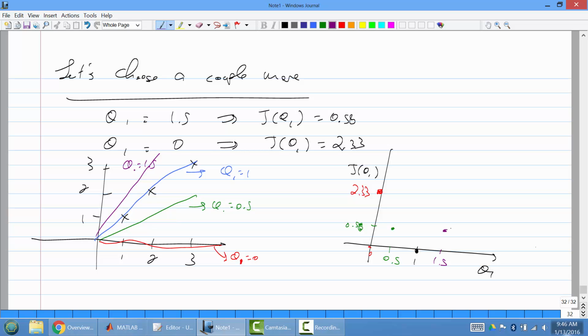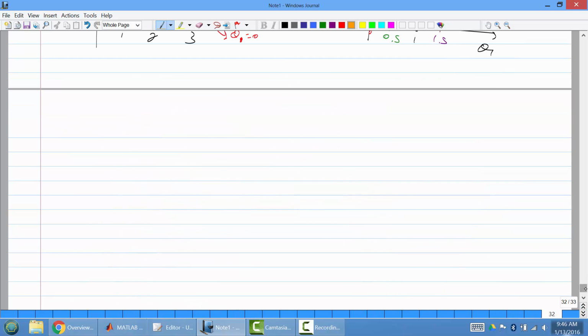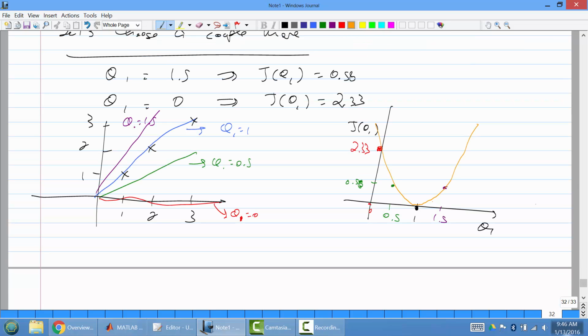So you can see that it looks like a quadratic function, which makes sense because that's what the sum of squares does. So it's going to look something like this. Actually, that's pretty bad. Again, that's bad too. Third time's the charm. Okay, so it's going to look something like that. So what you do is you want to figure out which parameter will give you the lowest cost.